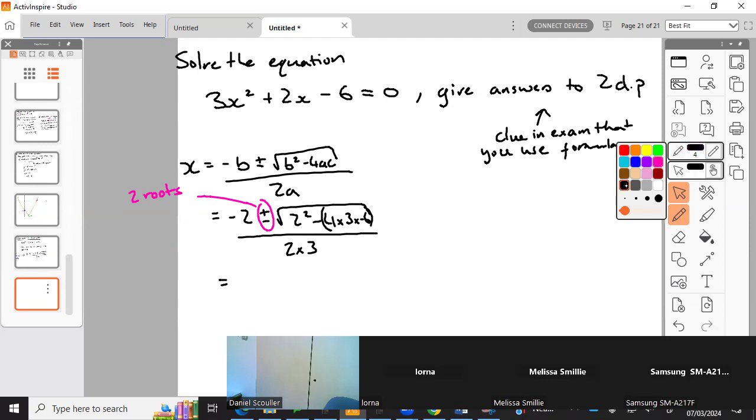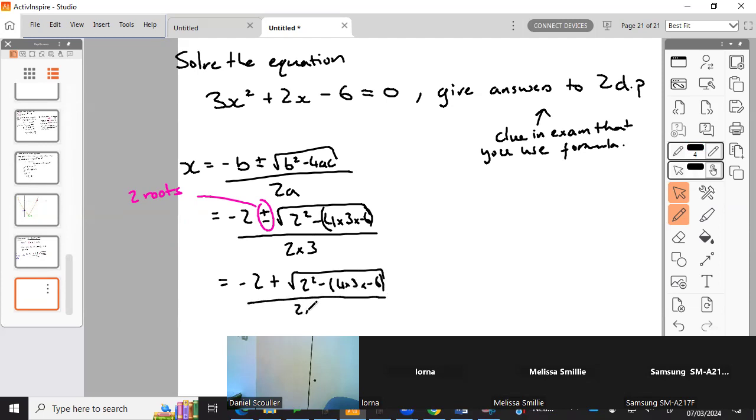You're doing it once when that's a positive, and once when it's a negative. So you're working out the answer twice.